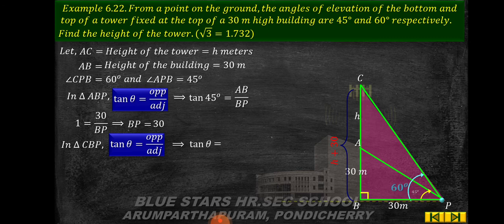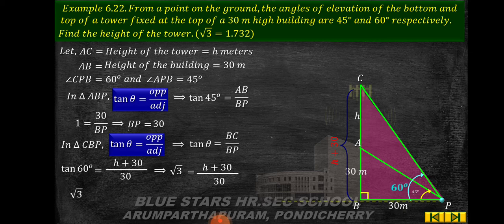Tan theta is equal to opposite BC divided by adjacent BP. So tan 60 degree is equal to BC, H plus 30, divided by BP, 30. Then tan 60 degree value is root 3, which is equal to H plus 30 by 30. Then the next step is cross multiplication.